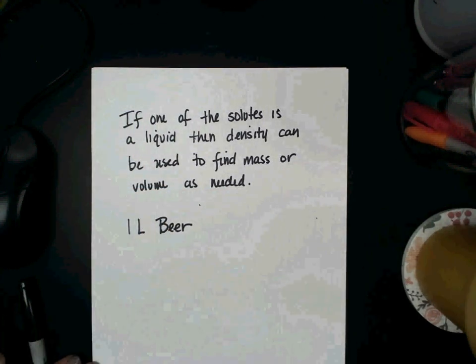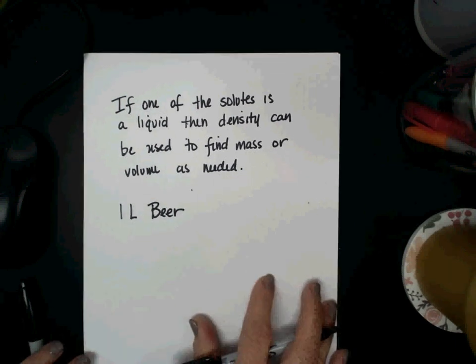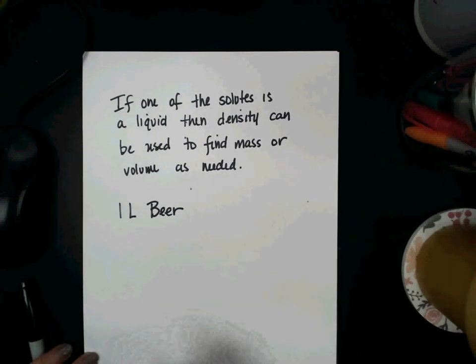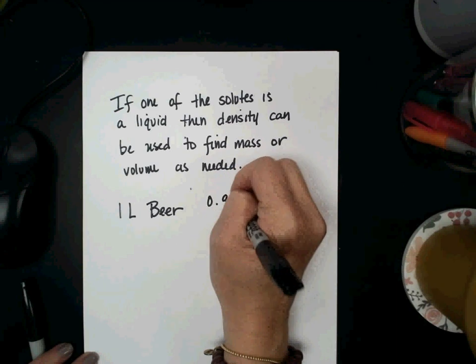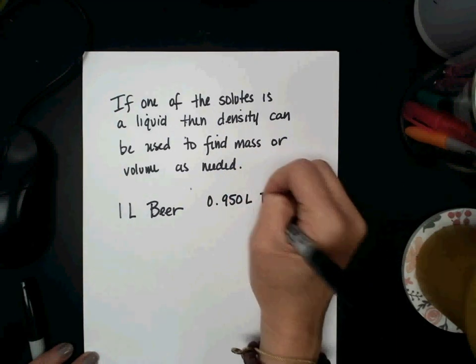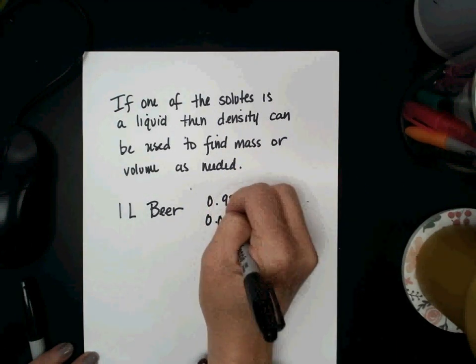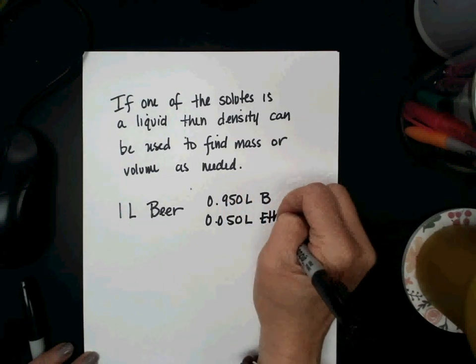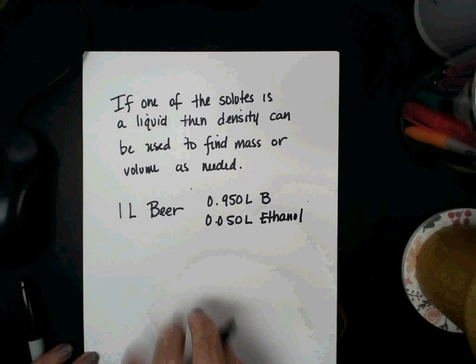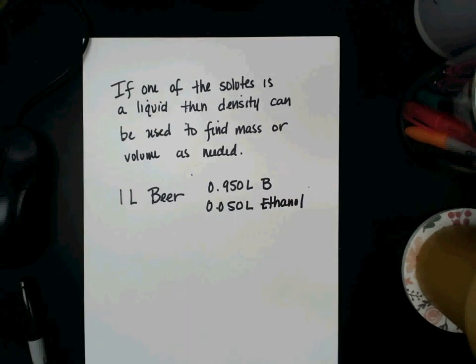So I'm going to think about 1 liter of beer. And this is actually the best application that allows you to see it. If I have 1 liter of beer and I know that 5% of it is ethanol, I can say that I have 0.950 liters of beer and 0.05 liters of ethanol.